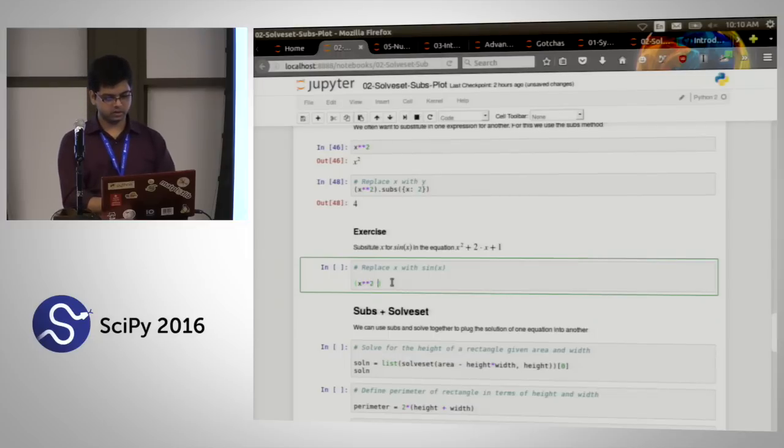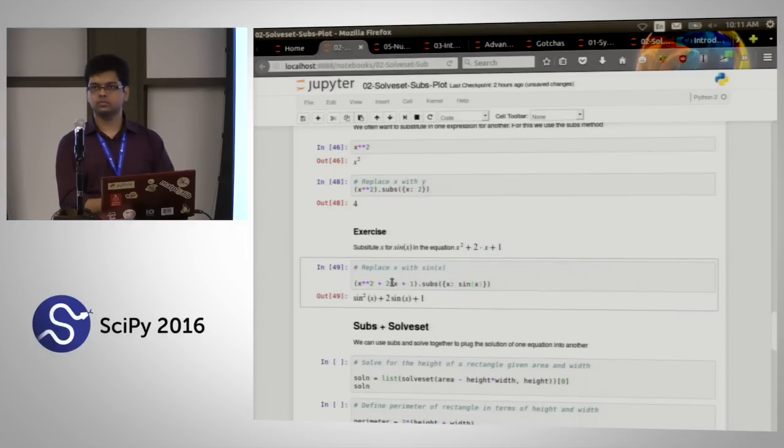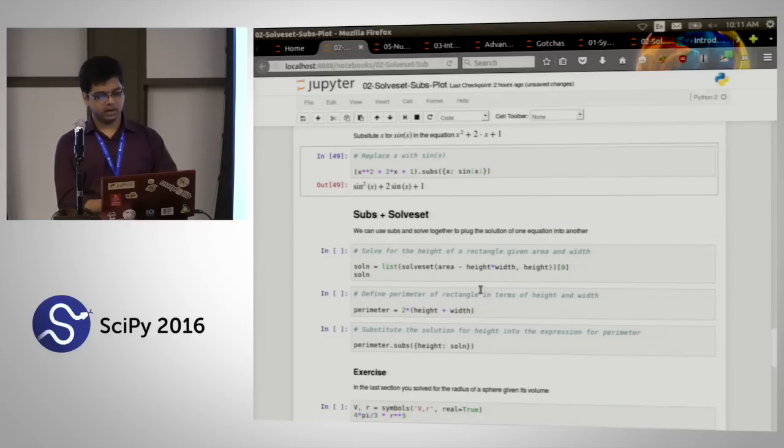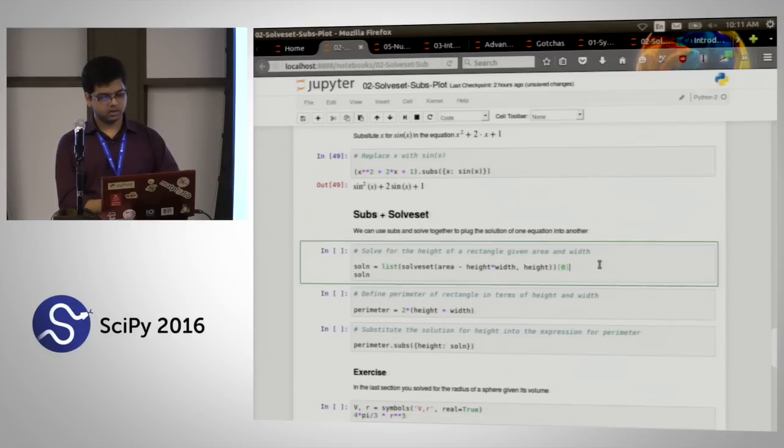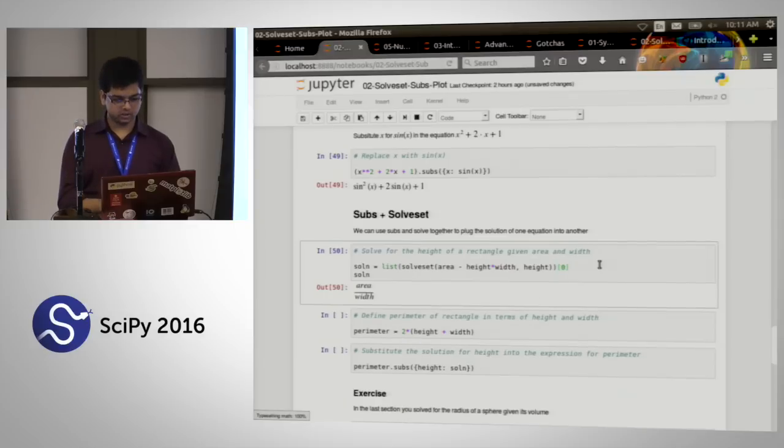So you simply do x squared plus 2x plus 1, write the equation, and then substitute. So, a quadratic equation in sine x. And you can use substitution as the solution you get from solveset.